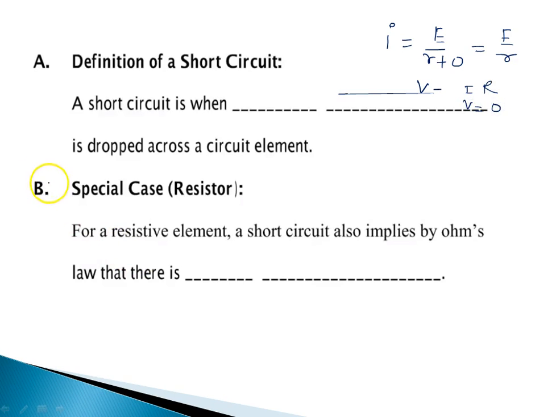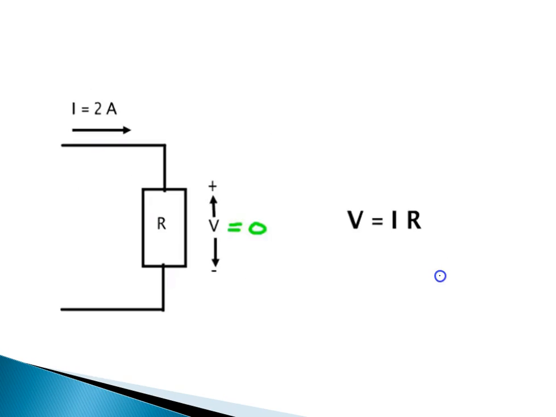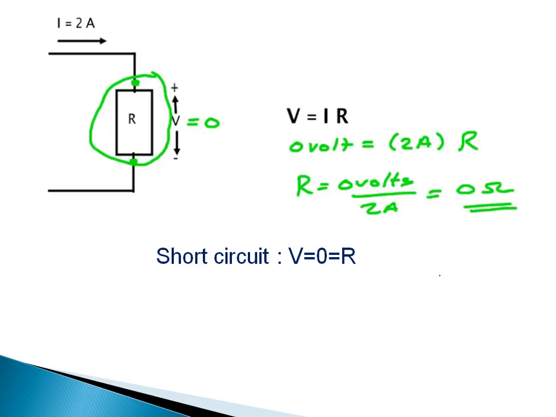So a short circuit is when the potential difference is 0. You can say no voltage is dropped, and for a resistive circuit, the external resistance should be 0. Just read it. So in this situation the short circuit voltage is 0 and the external resistance is 0.